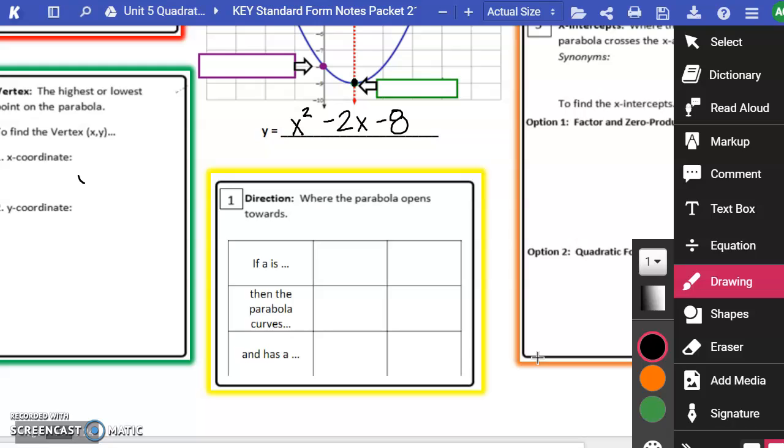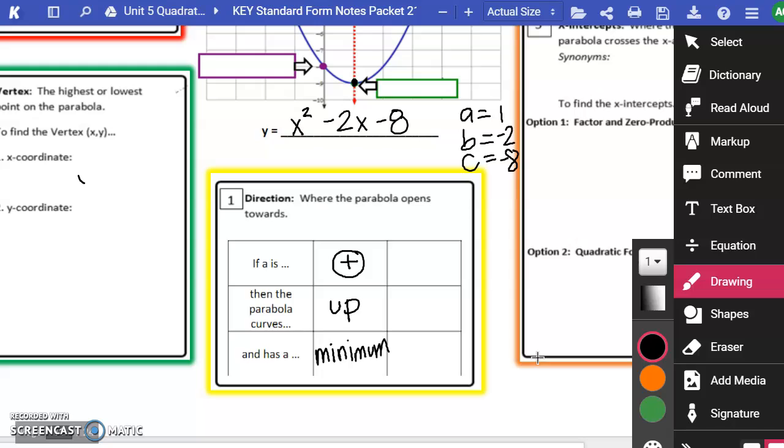So we have A, B, and C from every quadratic equation. Go ahead and remind me what would be the A value, B value, and C value for this quadratic equation. A would be 1, B would be -2, and C would be -8. So in the case that A is positive, the parabola is going to curve up, and that's going to have a lowest point, which is called a minimum.